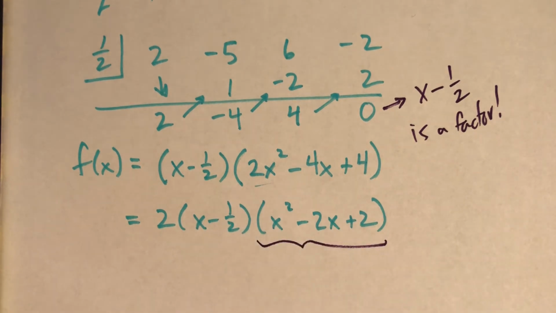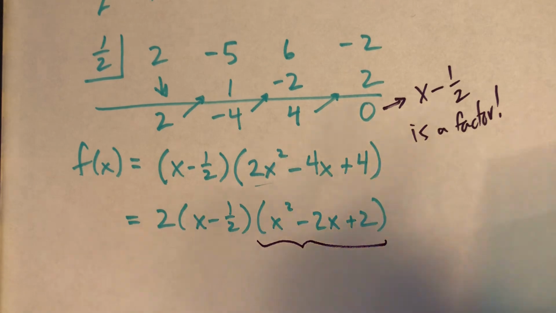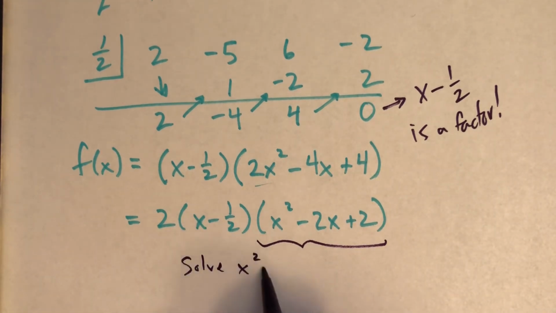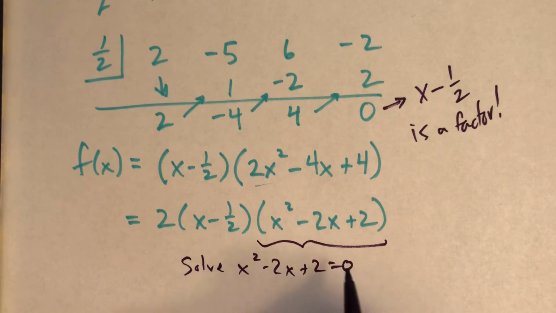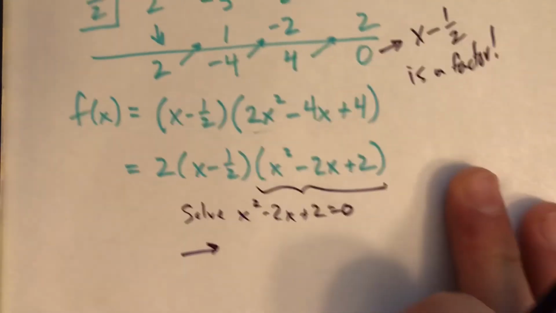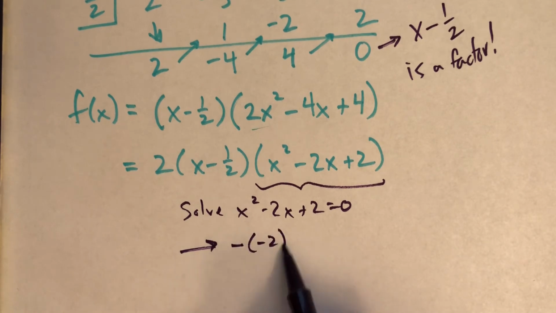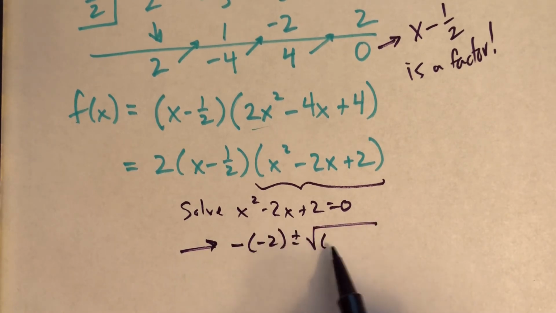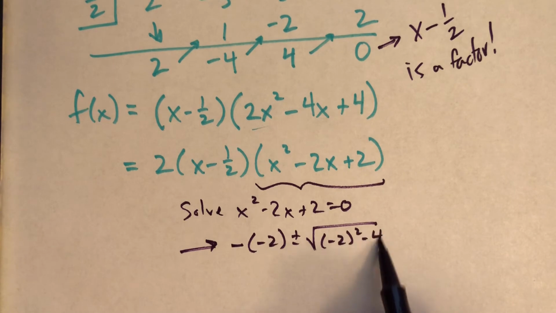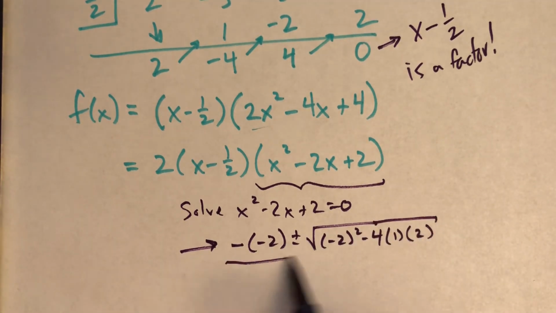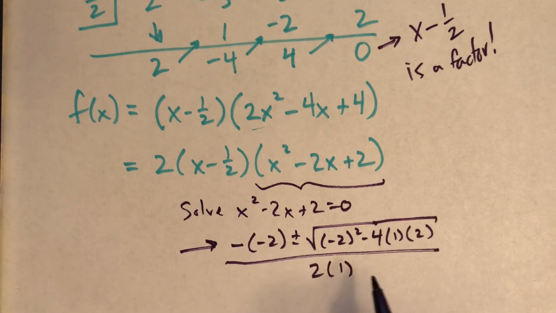So if I wanted to go and find zeros of this guy, I'm going to solve where it is 0. Well, if that's true, we have the quadratic formula, right? We know that negative b plus or minus the square root of b squared minus 4 times a times c over 2 times a.